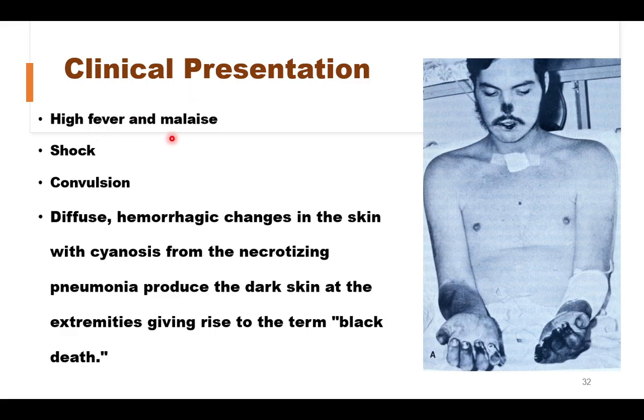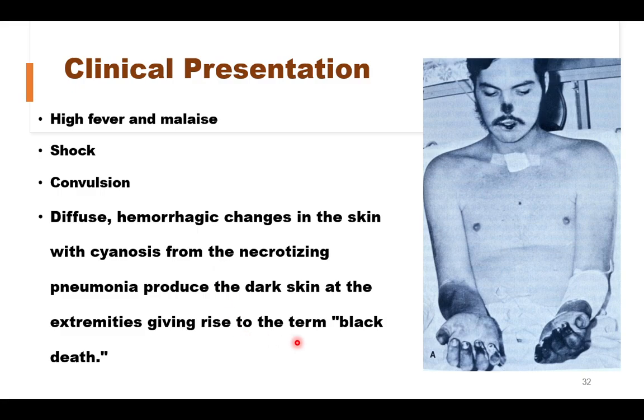There's malaise. You can have shock. Remember, the patient can have DIC. The patient can have convulsion. Then you can have diffuse hemorrhagic changes in the skin with cyanosis. Remember that when the lungs are involved, the process of oxygenation is compromised, so the patient has central cyanosis.